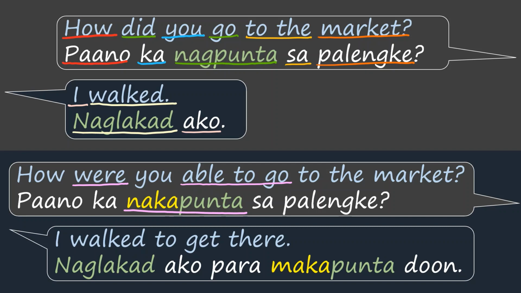Naglakad ako para makapunta doon. To get, makapunta, meaning to say to get to a place. Makapunta. There, doon. The verbs nakapunta and makapunta show the use of NAKA and MAKA as prefixes, which we have not learned yet.